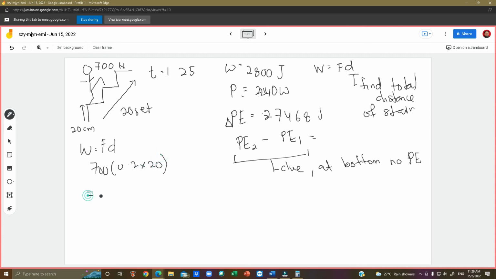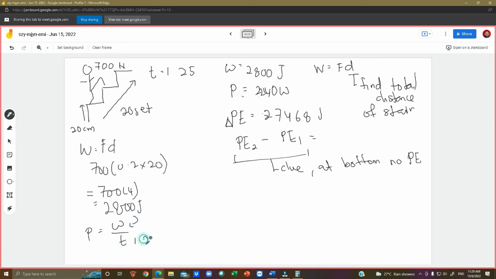Tu settlekan yang itu dulu. So kamu dapat 4 meter. Okay, and then kali 700. Jadi dengan 4. So you have 28,000 joules. Okay, and then for power is work over time.